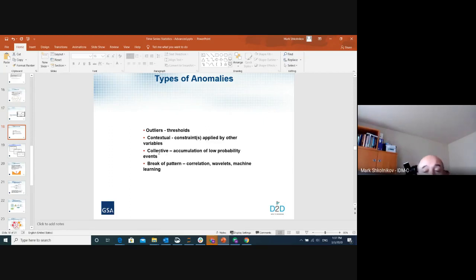Collective. Collective is accumulation of low probability events. So let's say you are used to dealing with a process that gives you sort of random data. Say it is data that comes in a normal distribution pattern.